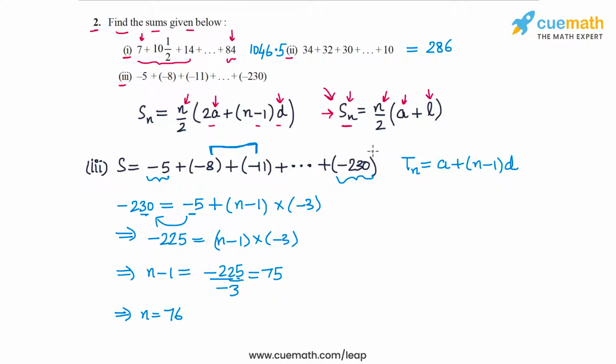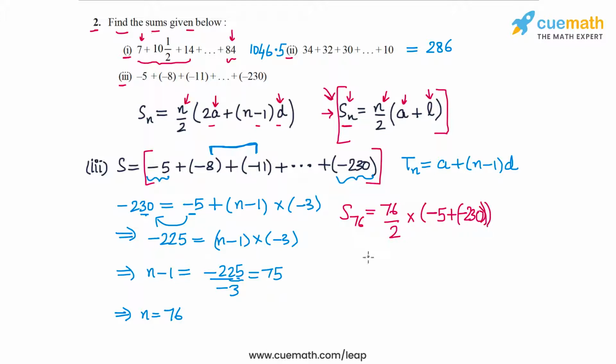So there are 76 terms in this progression, and now we can apply the formula Sn equal to n by 2 into a plus l to find the sum of these 76 terms. That sum will be S76, equal to 76 by 2 into a plus l. a is -5 and l is -230, the last term.